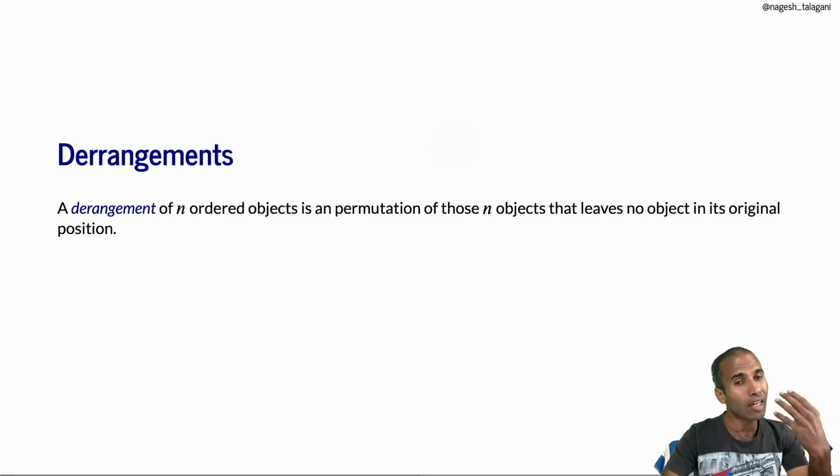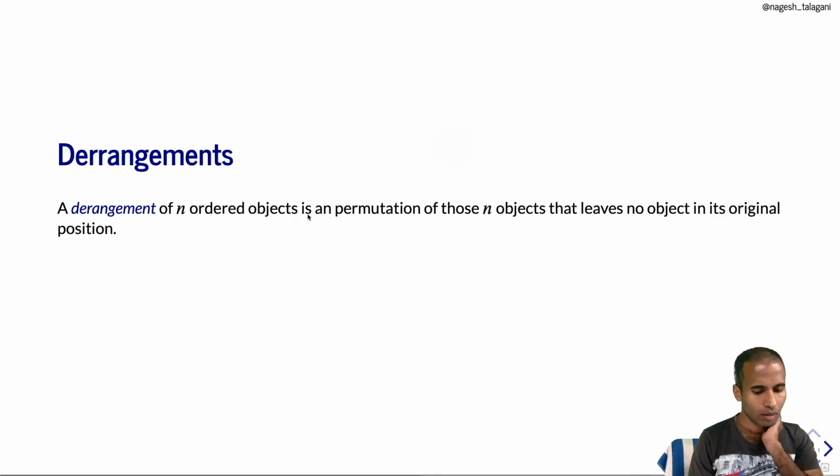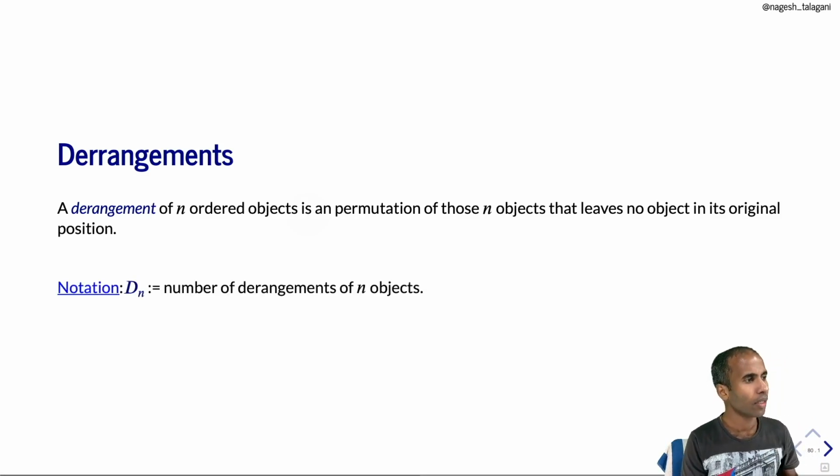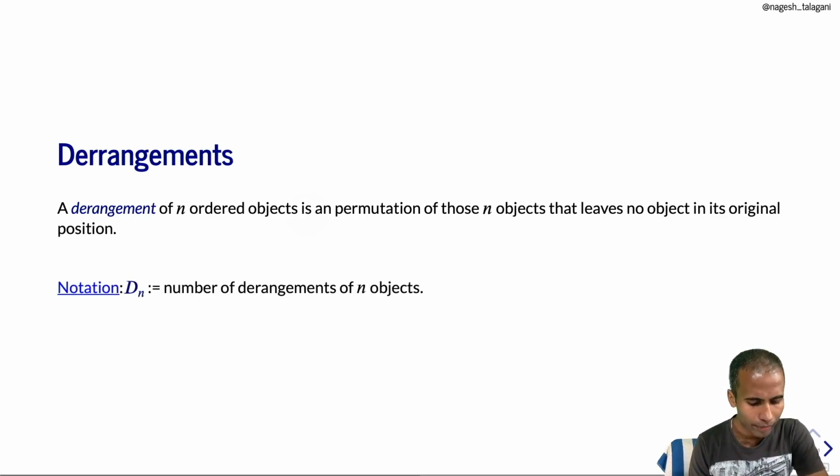Now, for n objects, we know there are n factorial permutations. The question of interest is how many of them are actually derangements. Let me introduce notation here: D sub n denotes the number of derangements of n objects.